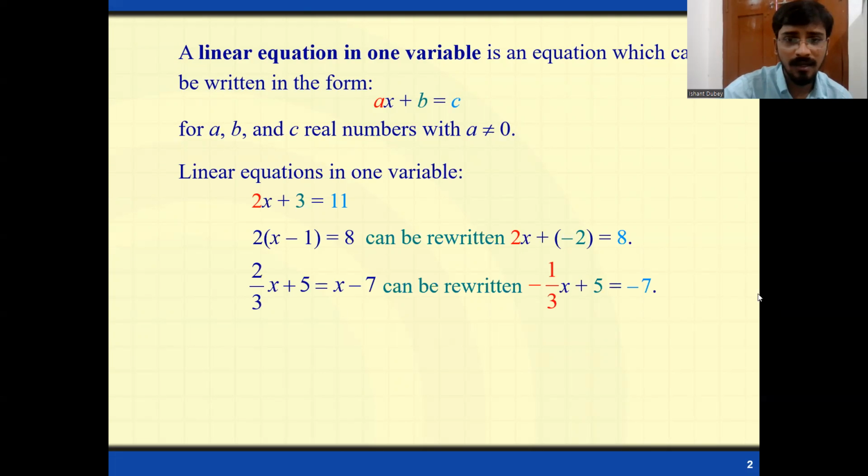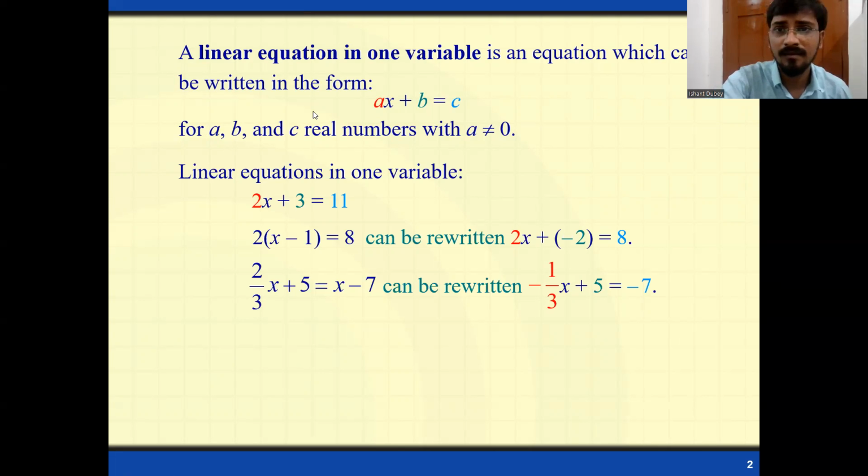Another linear equation in one variable is 2 over 3 x plus 5 equals x minus 7, which can be written as follows. Here x is on both sides, the left hand side and the right hand side. Just a second.